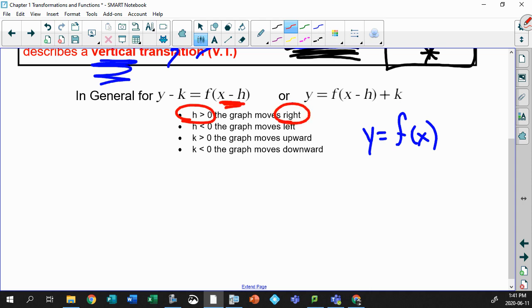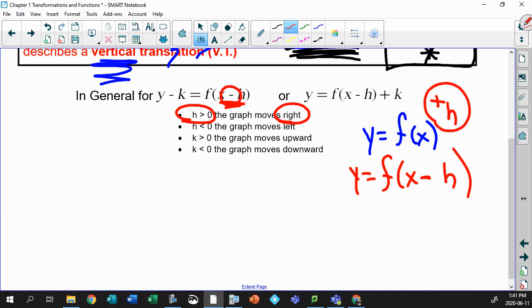So I'm going to take this h and put it in here, and I'm going to say my h is positive. Remember, the notation has a negative built in. This is where people mess up, because they take that positive h, put it in here, but they see the negative sign and go, oh, it's going to move left. No, it doesn't. The original notation has the negative built in, so just put it in here like that.